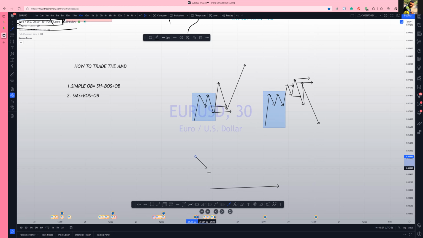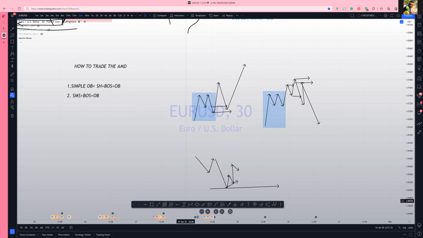So as the price came to tap on a bigger time frame order block over here, you see price failing to create a new low. So we have a swing market shift. We have a swing market shift, and price broke structure.